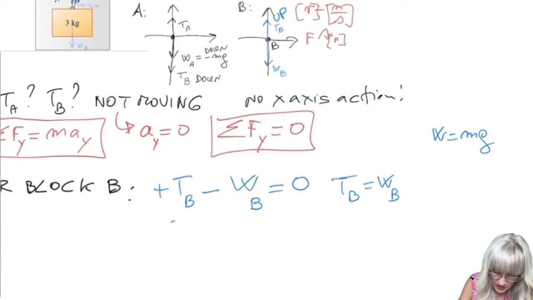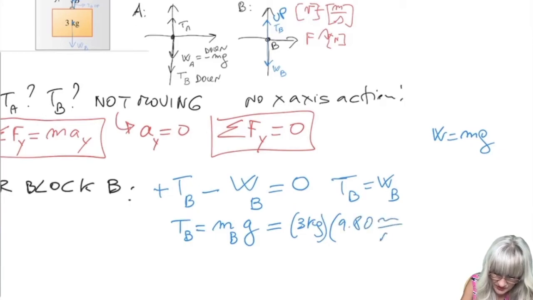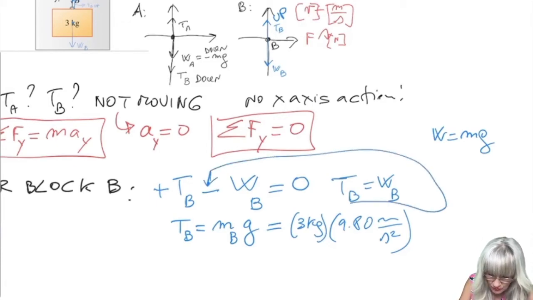So T of B equals mass B multiplied by g. And I'm going to plug in directly. It was 3 kilo and this is 9.80 meter over second square. It is downward, but the negative sign is already included, so we don't have to bring it again over there. So T of B comes out to be 29.4 Newton.